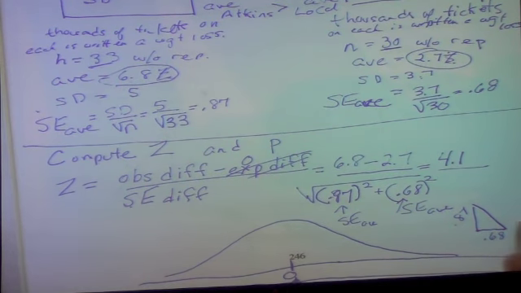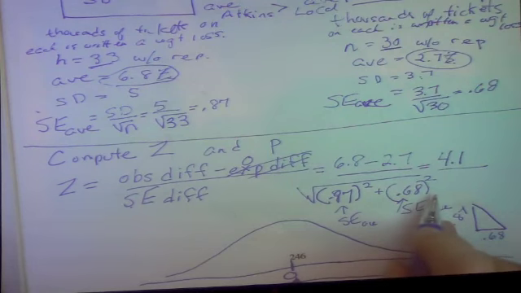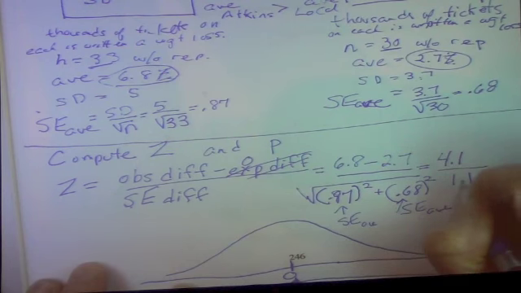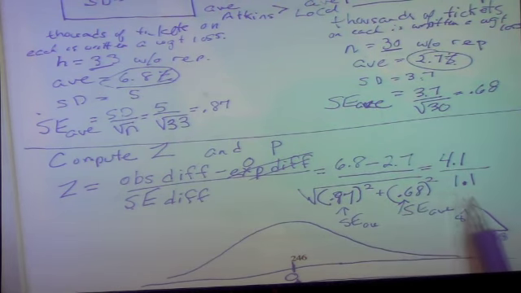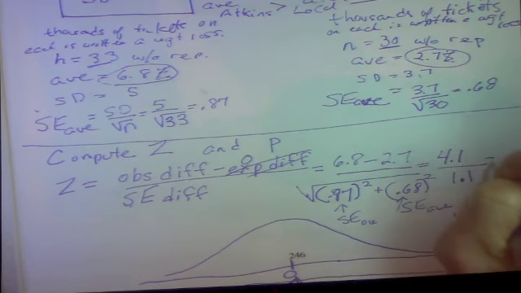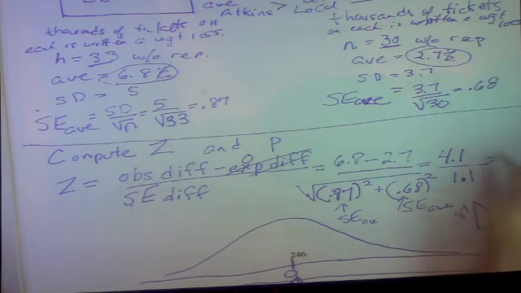So it's going to be bigger than either one of them, but smaller than their sum. And I got 1.1 when I did it. And that certainly fits the bill. The 1.1 is bigger than 0.87, bigger than that, but it's smaller than the two added together. So it looks right. So that's one standard error.